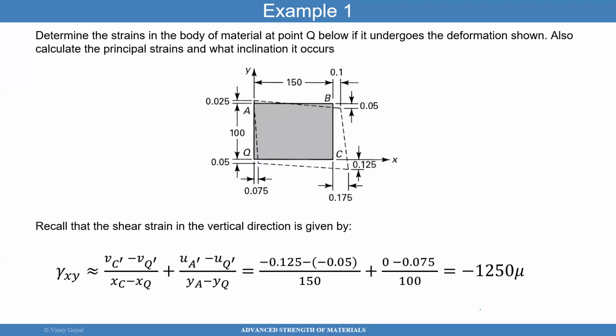I plugged it in, so let's examine each of these. So VC prime, that one moved downwards an amount 0.0125. You can see that there. It moved from here to here downwards. That's this amount. And then VQ prime, this point moved downwards also, vertically, 0.05, and that's why that's negative.